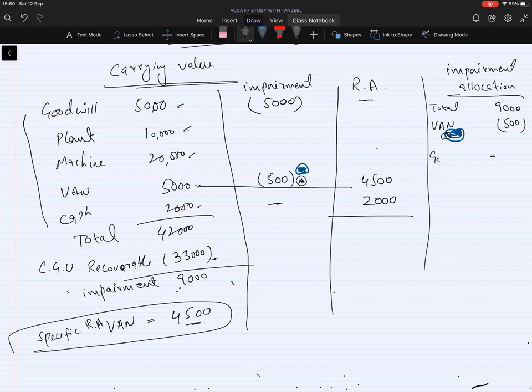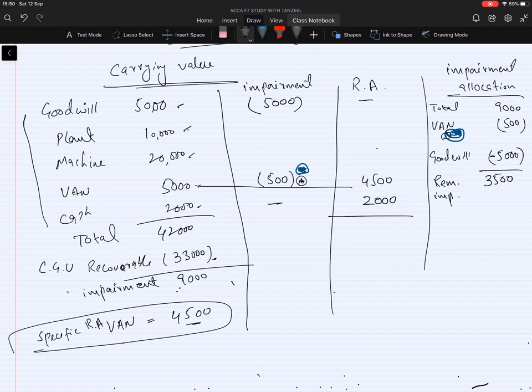And goodwill, we distributed 5,000 to goodwill. So how much have we already distributed? 5,500. It means the remaining is 3,500. Remaining impairment to allocate is 3,500.